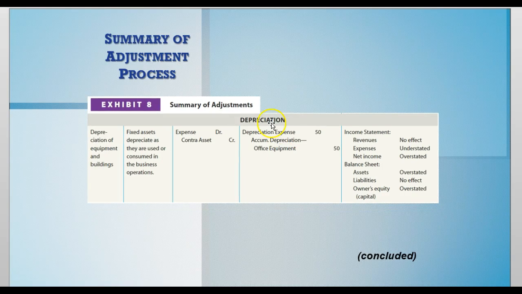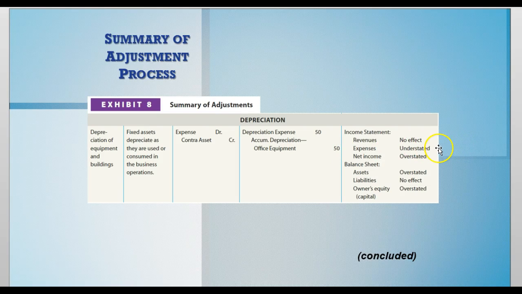The other one is depreciation expense, and we talked about that one. Fixed assets are going to be depreciated out over a period of years, more than likely, and each period you have to update that. And this is where we created that accumulated depreciation account, and that was a contra account, remember? So the entry is $50 for the expense, and then in the accumulated depreciation we're going to credit.